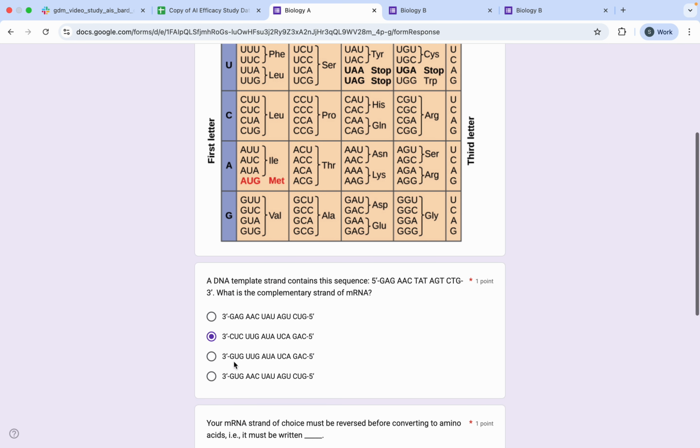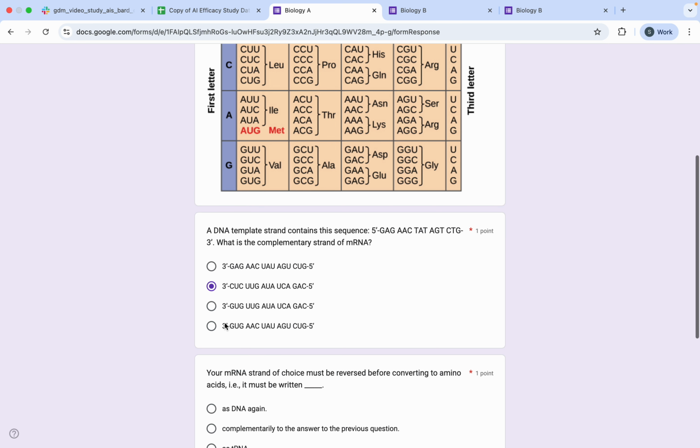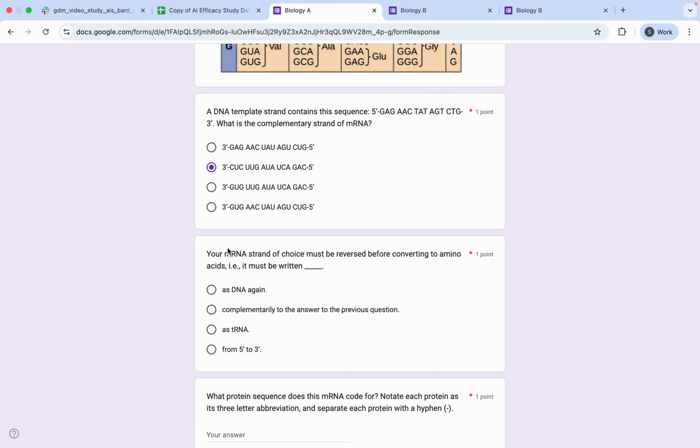Let's check the others also. 3' GUG, UUG, AUA, UCA, GAC, 5'. GUG, AAC, UAU, AGU, CUG. So I think this is the correct one. Your mRNA strand of choice must be reversed before converting to amino acid.